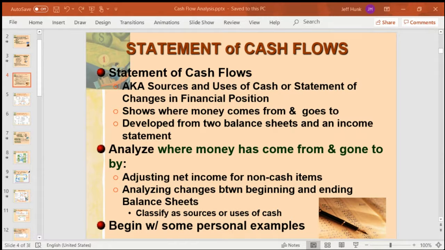But as opposed to the primary statements, I said the cash flow statement or cash flow analysis is relatively a secondary statement. By saying secondary statement, I'm not saying it is secondary in importance, but what I'm saying is it's more of an analysis compiled from the income statement and balance sheet.